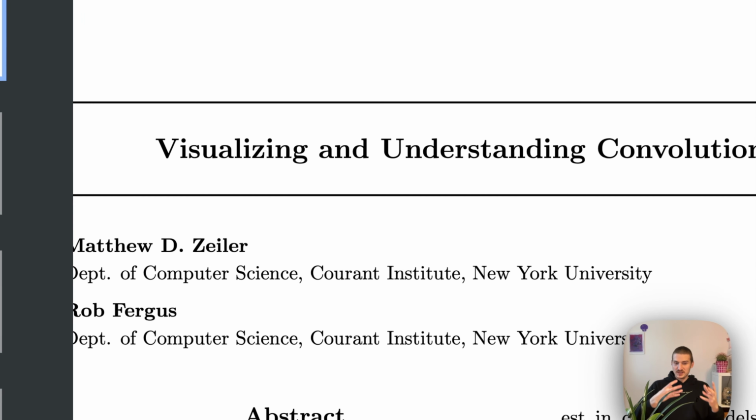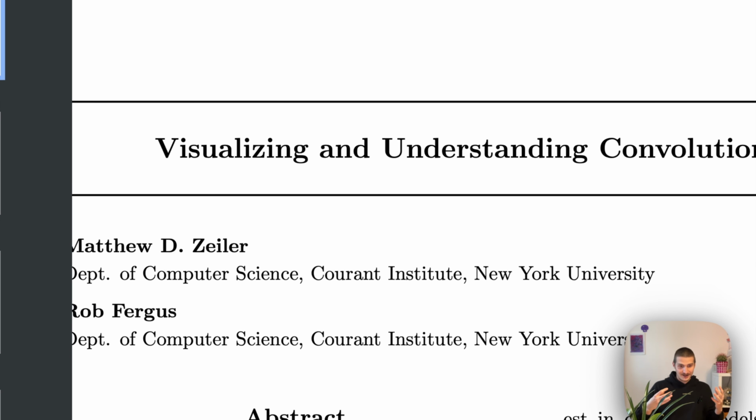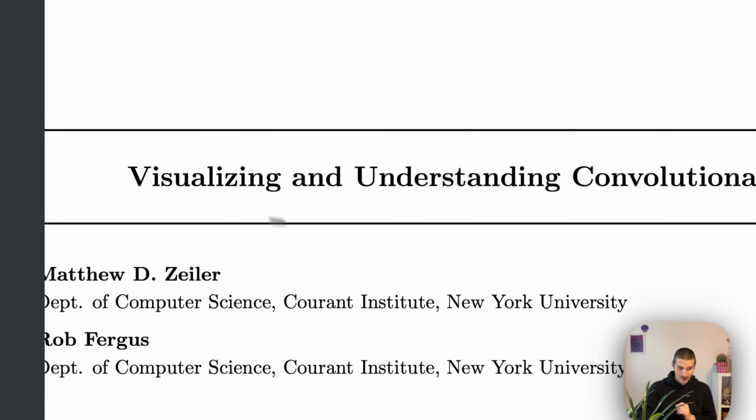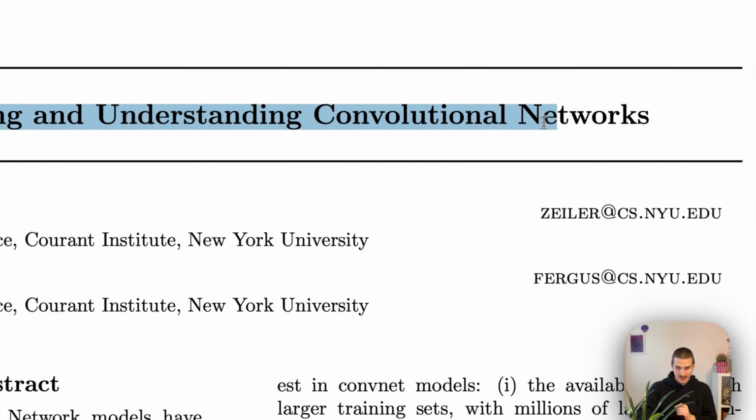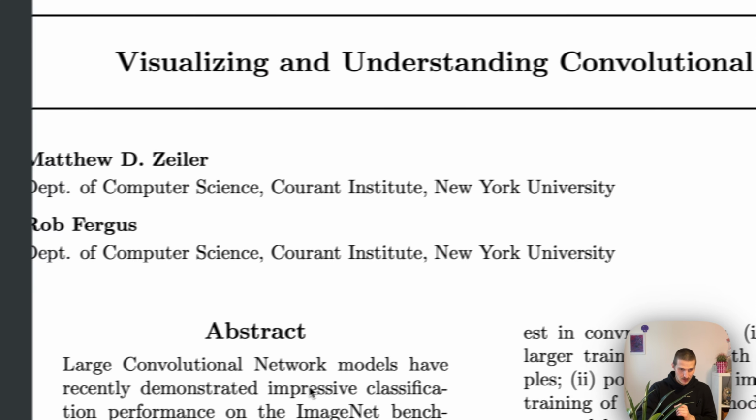So really, the most important part of this entire neural style transfer method is understanding how exactly convolutions work inside and how we can use that to get this neural style transfer effect. So I'm going to show you some pictures from a really important, popular paper called Visualizing and Understanding Convolutional Networks.